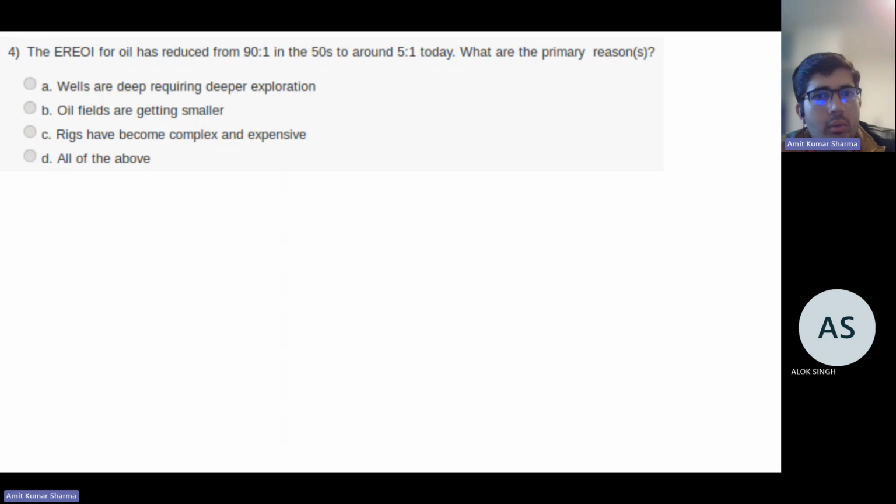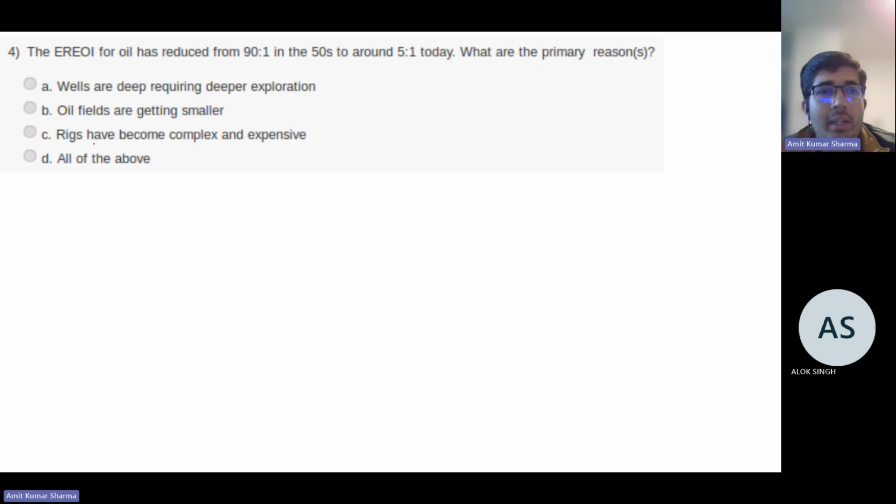Nice, good reasoning. As Alok also discussed, and I also discussed earlier, due to more exploration, we are using so much energy due to population increase and our luxury, so we are exploiting the fossil resources.